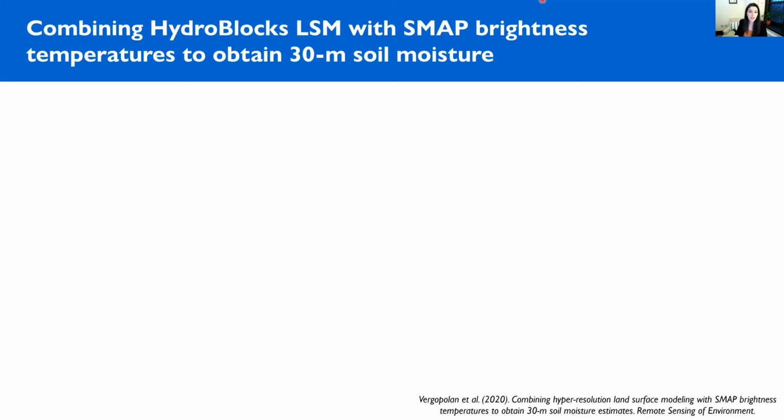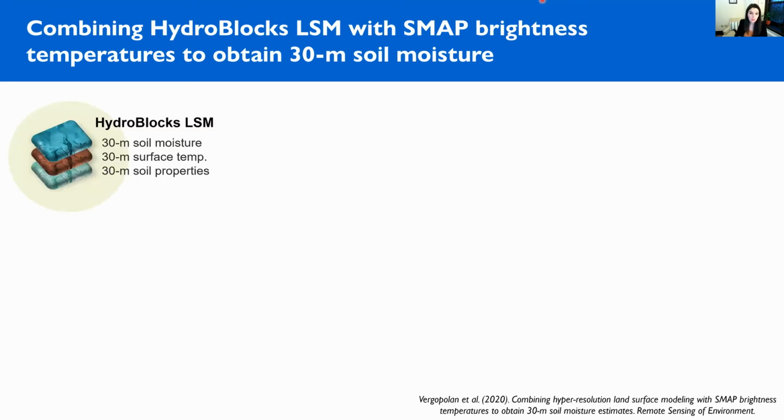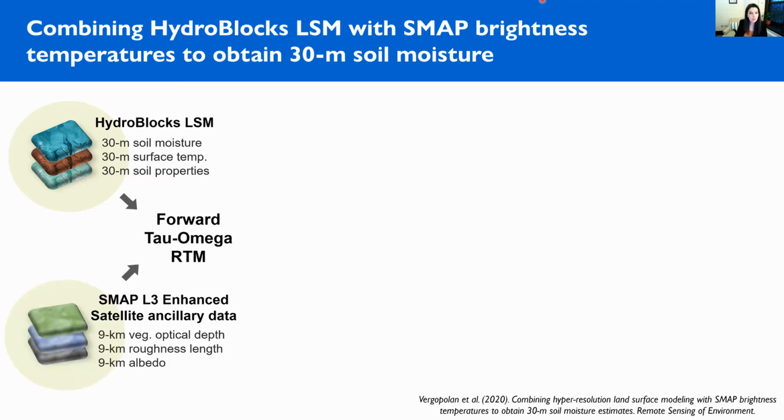Moving on, my research is how we can use those simulations and combine them with SMAP brightness temperature. What we did was take HydroBlocks simulations and feed them into a forward radiative transfer model, the tau-omega radiative transfer model, which is the model that SMAP uses, along with SMAP ancillary data, to predict the brightness temperature at 30 meters resolution at each of the clusters.